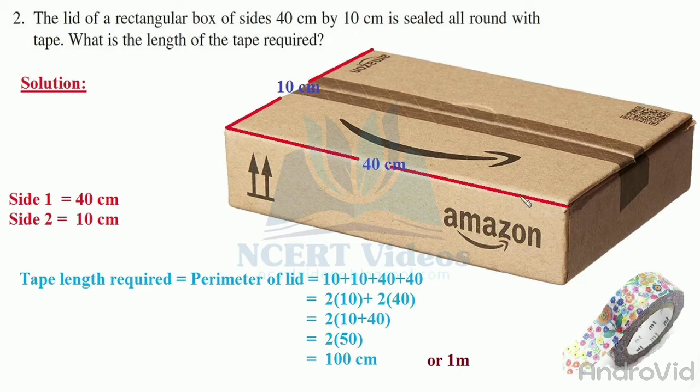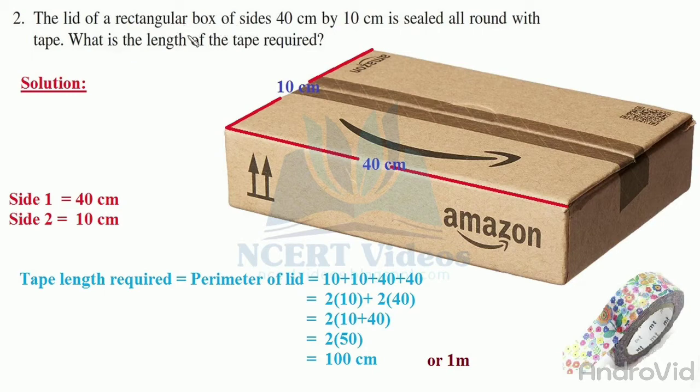This is 40 centimeter. So we have to cover it with this tape. Now this is the sides, 40 centimeter is your length and 10 centimeter is your breadth. So whenever it is written as something by something, it means length by breadth.